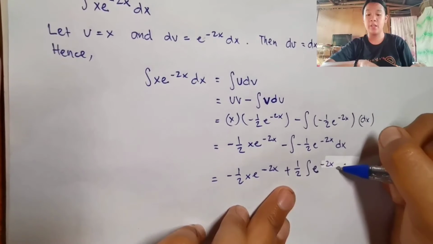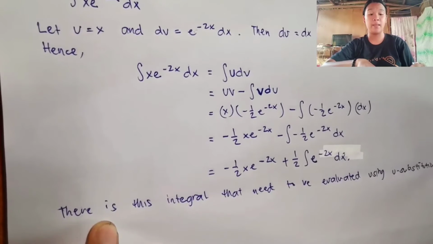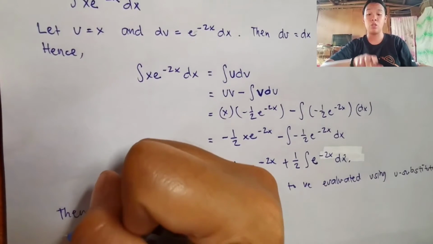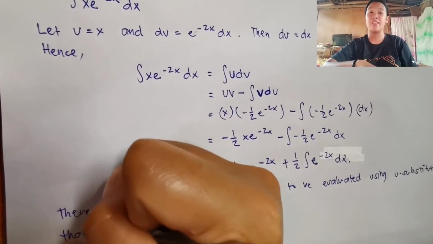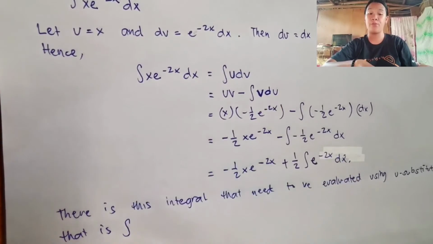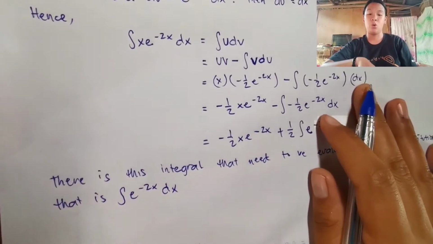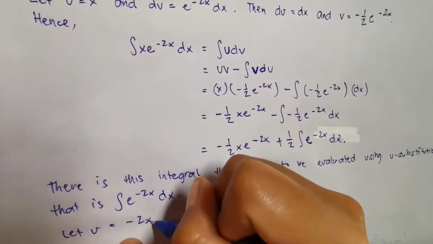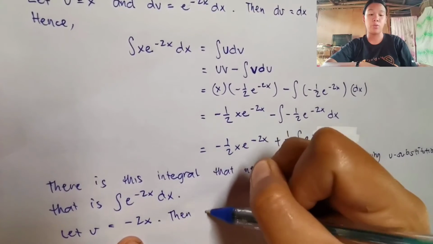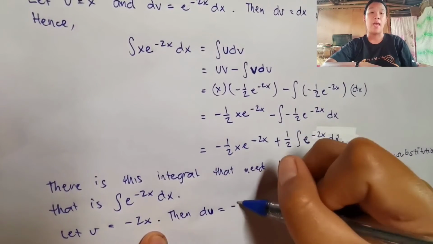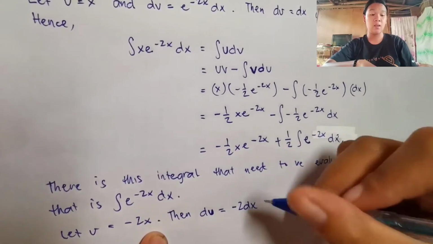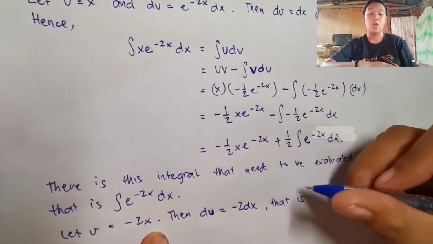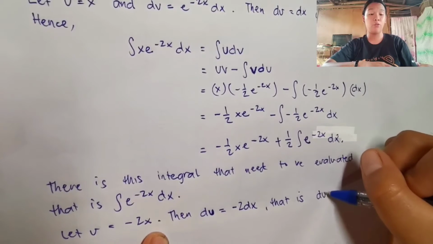There is this integral term that needs to be evaluated using u substitution. That is the integral of e raised to the power of negative 2x dx. Let u equal negative 2x, then du is equal to negative 2 dx.